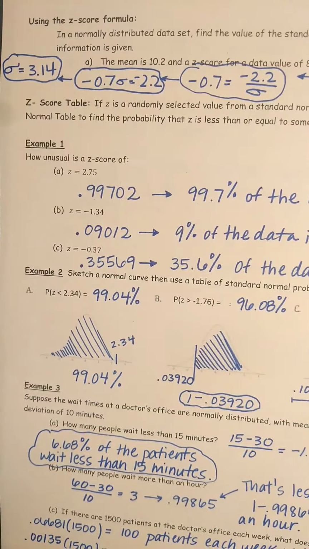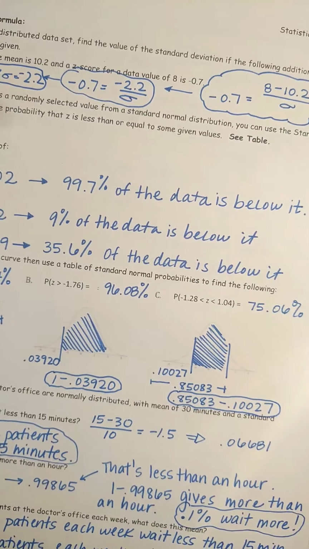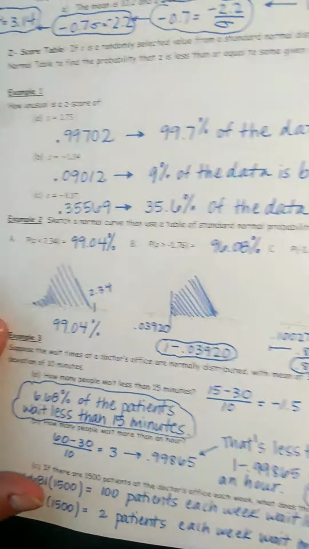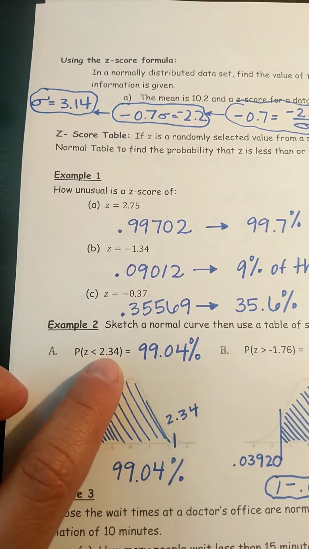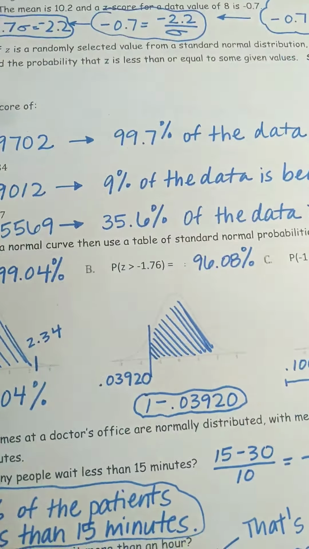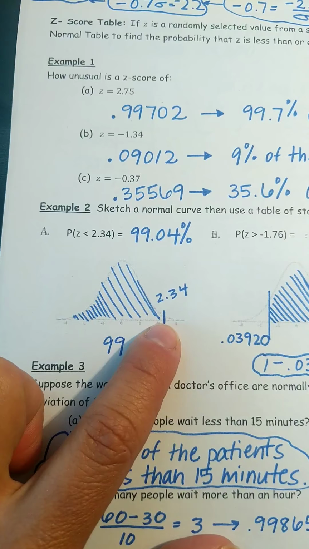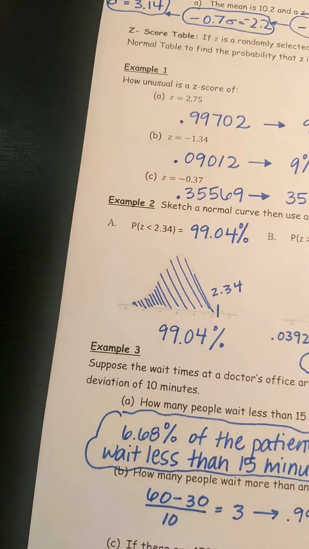Now, we want to sketch a normal curve, then use the table of standard normal probabilities to find the following. We're practicing just the basics, and then we're going to look at applying this. So this means, what is the probability that the z-score is less than 2.34? If I look here, 2.34 would be about here. And since we want less, we want everything that's below it.